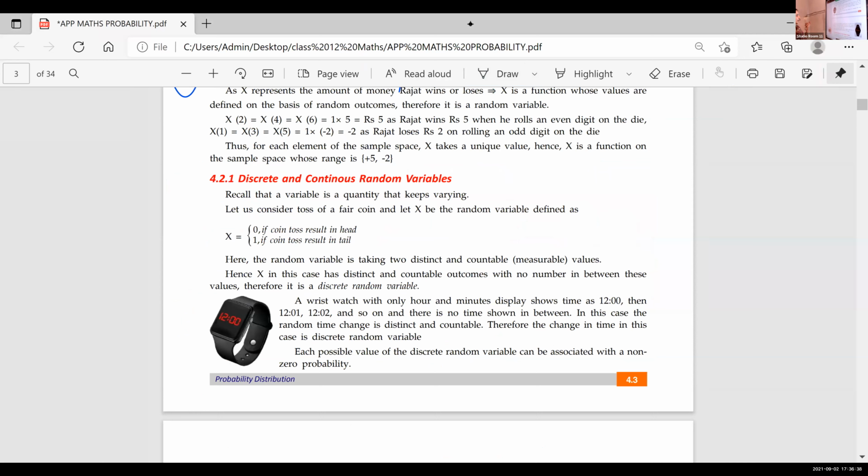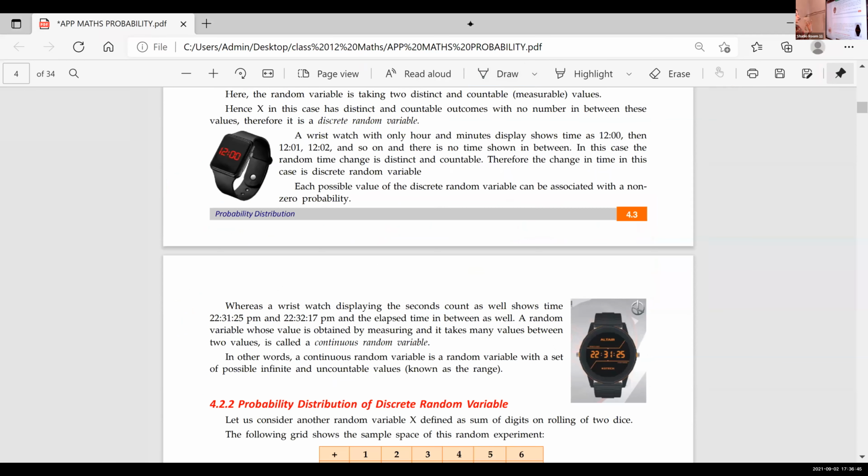X denotes a random variable which displays the time shown by a wristwatch. So here it takes so many values. We don't know what the values are. So whenever it takes infinite values, we call it a continuous random variable.